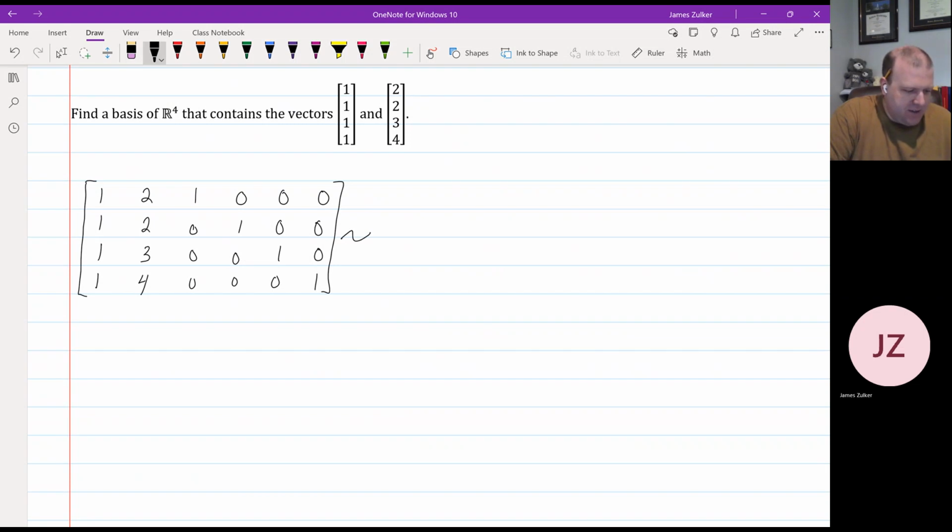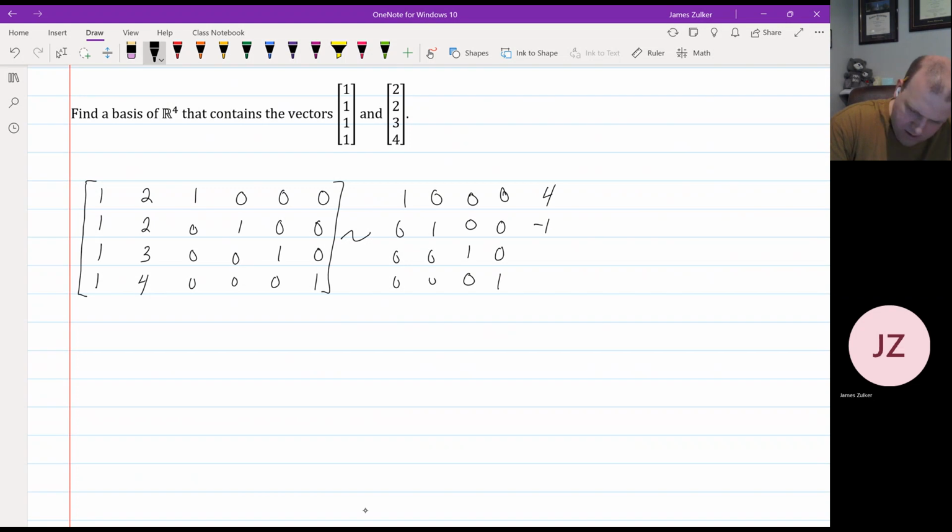Now RREF this. The columns with leading ones are linearly independent. Well, the first four columns have leading ones.